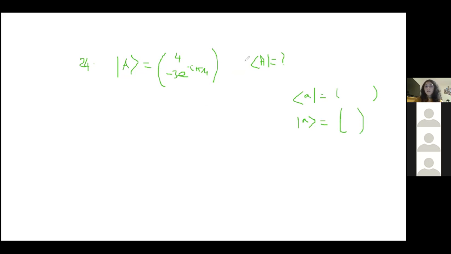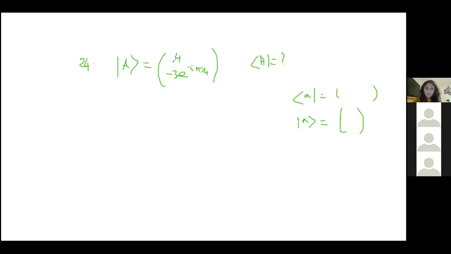So the way you find a bra from a ket is you take what's known as the conjugate transpose. A normal transpose, and this also starts to bring in some matrices, takes a row vector and converts it into a column vector, or if you have a column vector, you convert that into a row vector. We're doing the latter in this case.